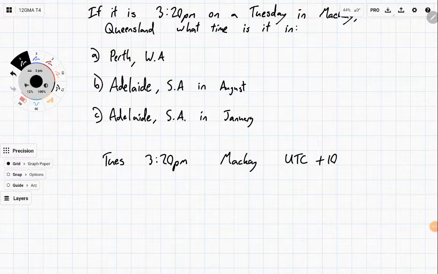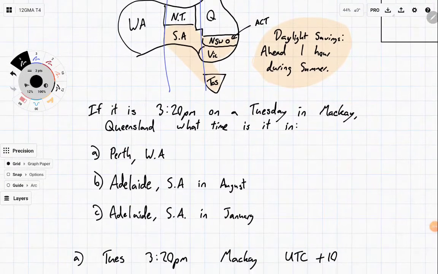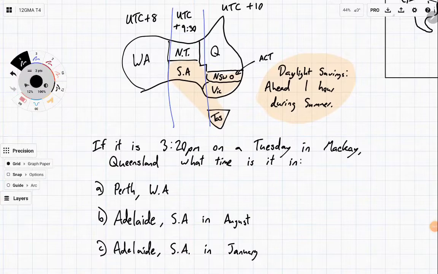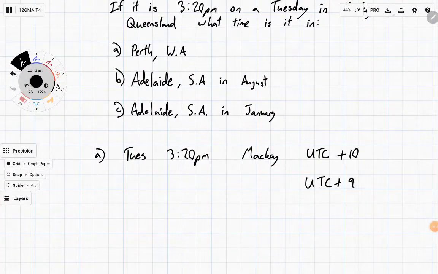Alrighty. So then after that, I always put the place we're going to. So we're going from Mackay time, we're converting it to UTC. Well, for Adelaide is plus 9:30. And in August, it is just 9:30 because August is not summer. So it's plus 9:30.